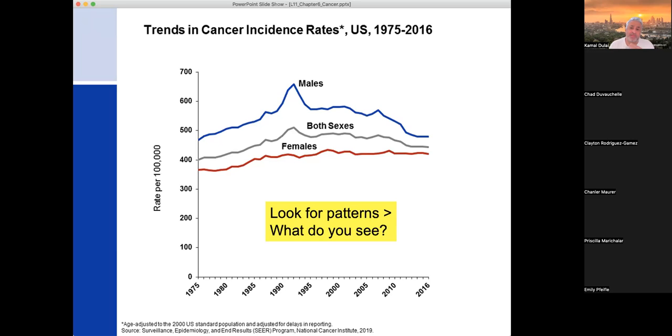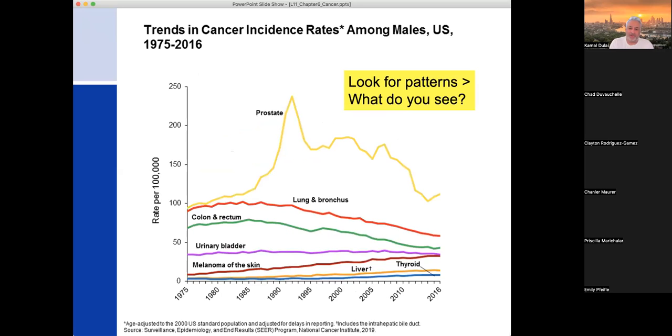We see the same trends in other countries. Unfortunately, in the Far East, smoking is still not taboo. It's still considered to be groovy, right? Cool, whatever they want to call it. So now you know that prostate cancer was the big one that caused that general spike.